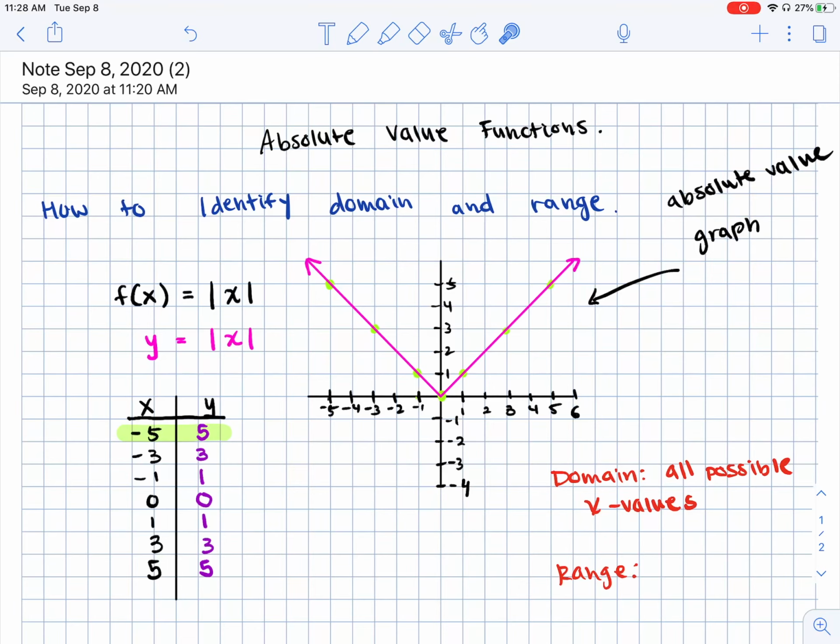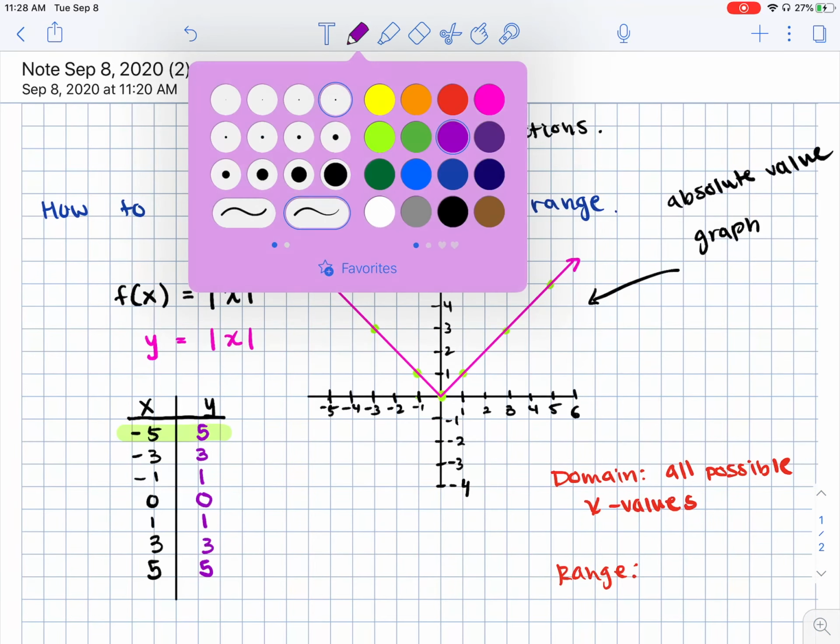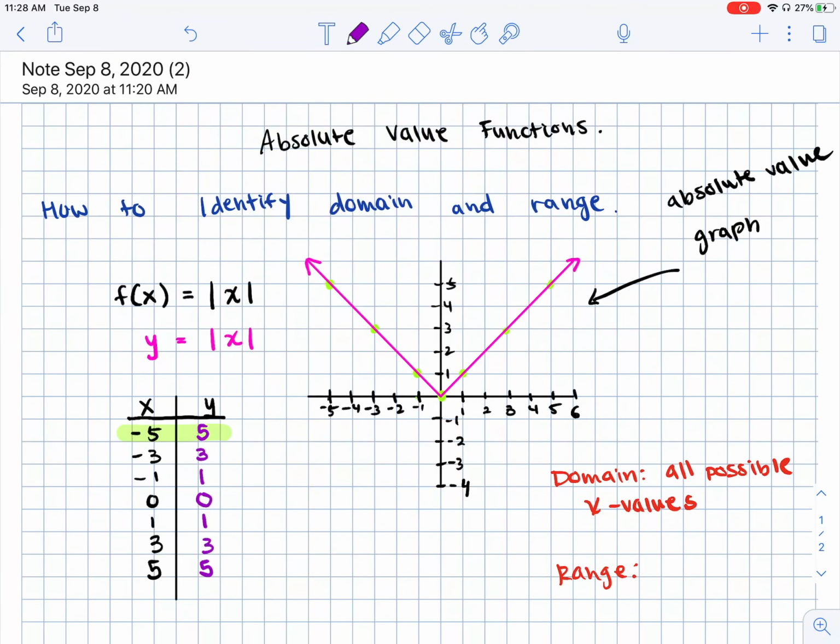So 6, 10, 100, 1,000. So it'll go forever to the right, and it goes forever to the left, and nothing's going to stop it. And because it's going forever and ever, domain is all real numbers.